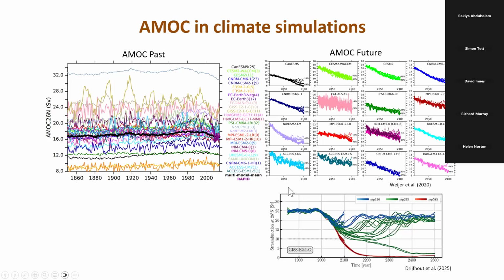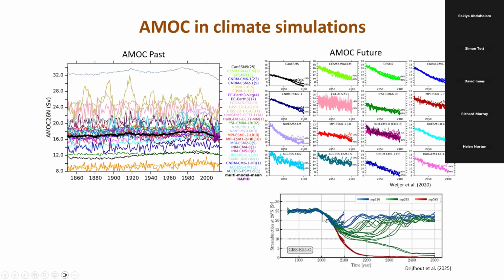And the paper that came out just last week by Sybren Drijfhout, which was picked up in a few news outlets I saw, was taking the simulations which ran all the way out to the year 2500 and looking at not only the AMOC decline but the behavior afterwards.